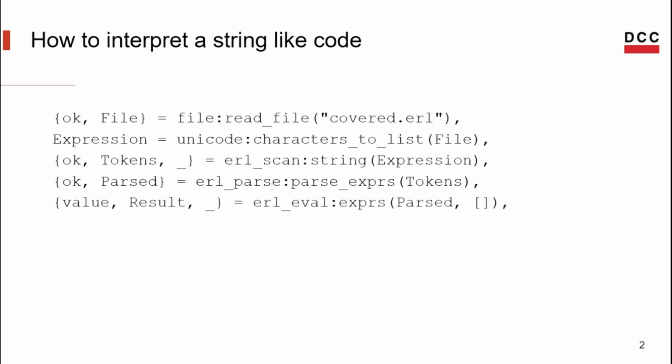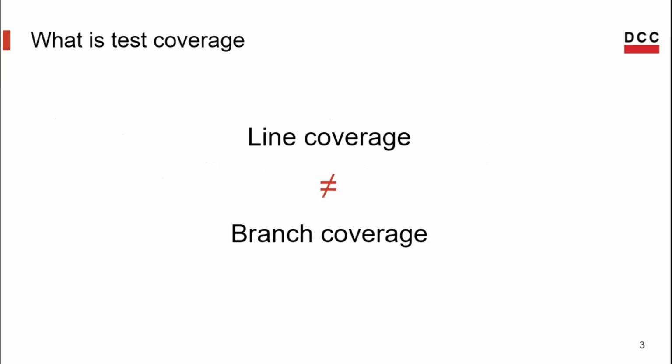First, we access this file and grab its data as a string with the read file function, and then we convert it to a list that will be easier for us to handle. After converting it to a list, we convert it to tokens and then to expressions that are going to be evaluated.